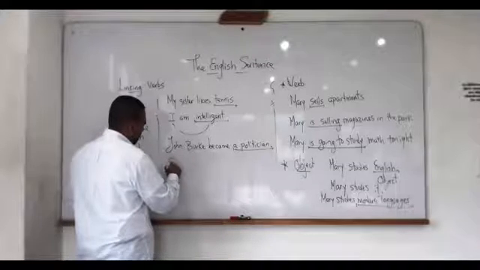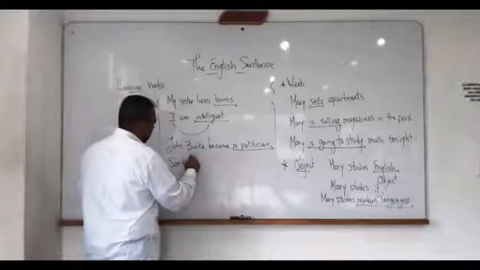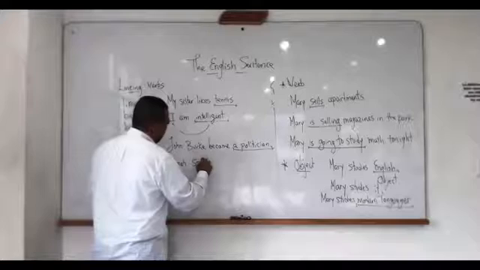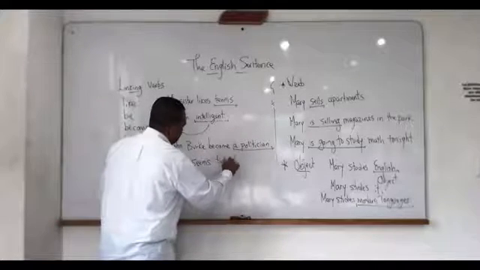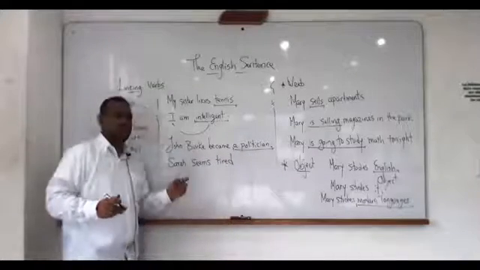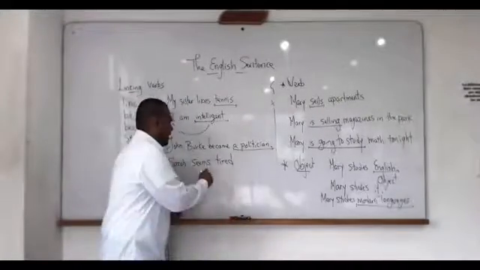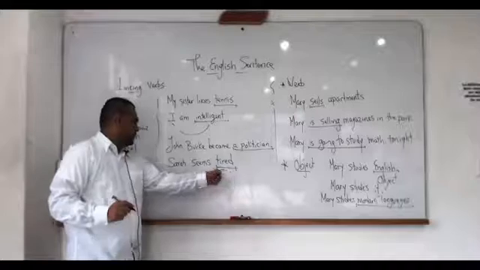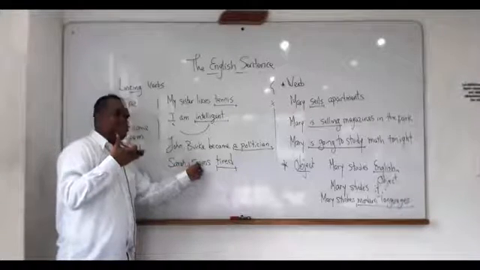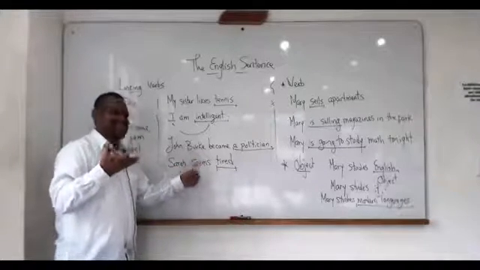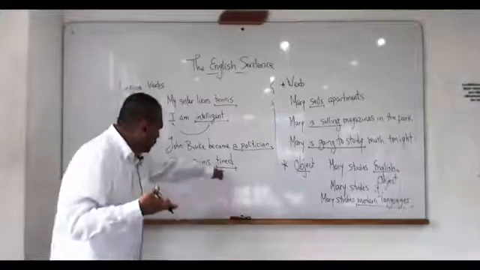Seem. Sarah seems tired. Sarah seems tired. Tired, which is an adjective, is linked to Sarah, starting from the use of the verb seem, and this is a linking verb, and this is a complement.